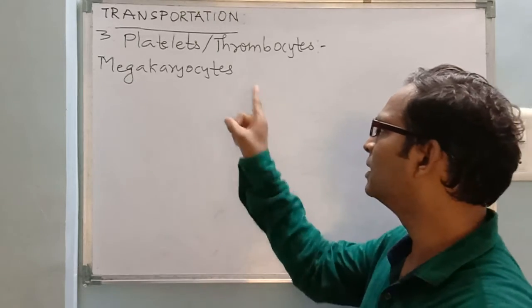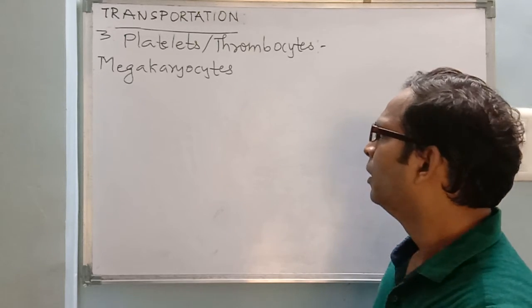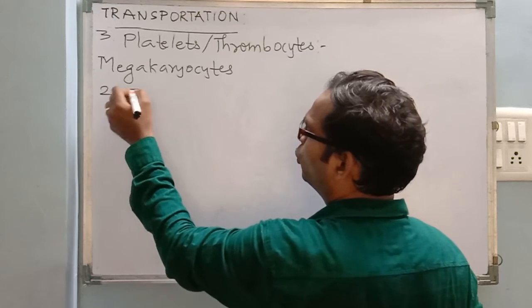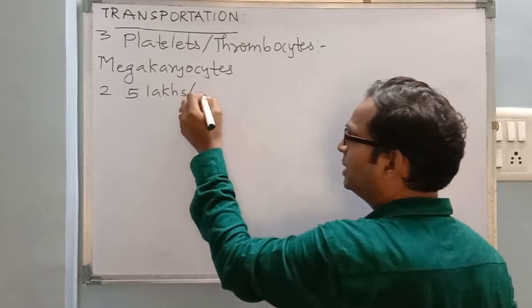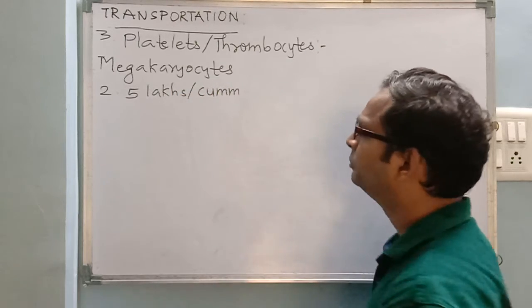So these are the mother cells of these platelets, you can remember, megakaryocytes. Number of these platelets is approximately 2.5 lakhs. Unit is the same, per cubic millimeter.